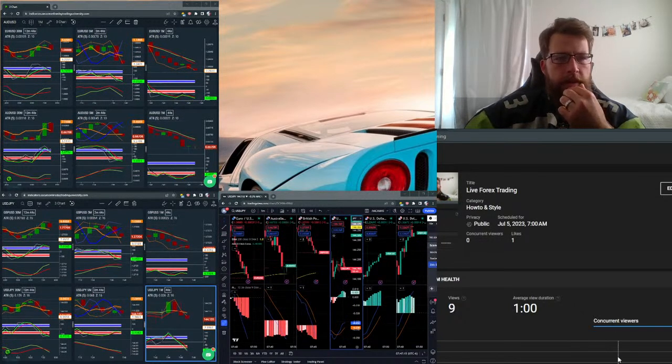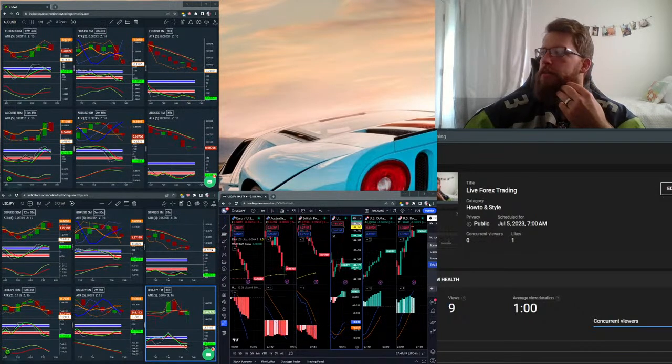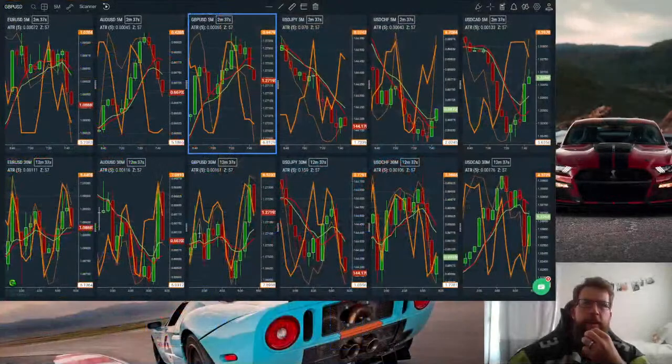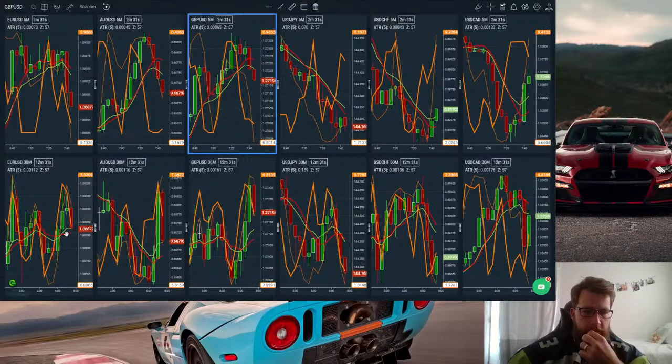All right, let's see if we have some confluence. Back to the main screen. When I say confluence, we're looking for the pressures on the 5 and 30 minute charts to match direction.